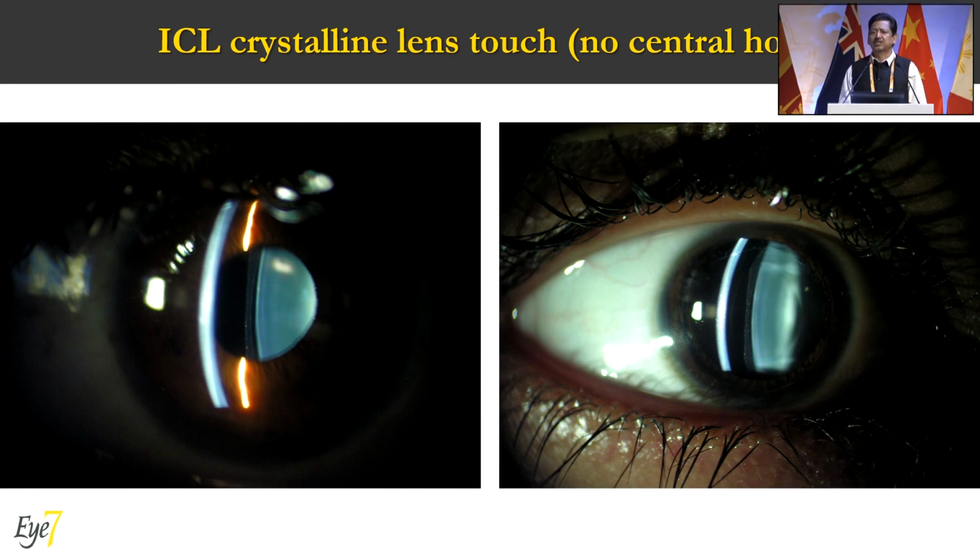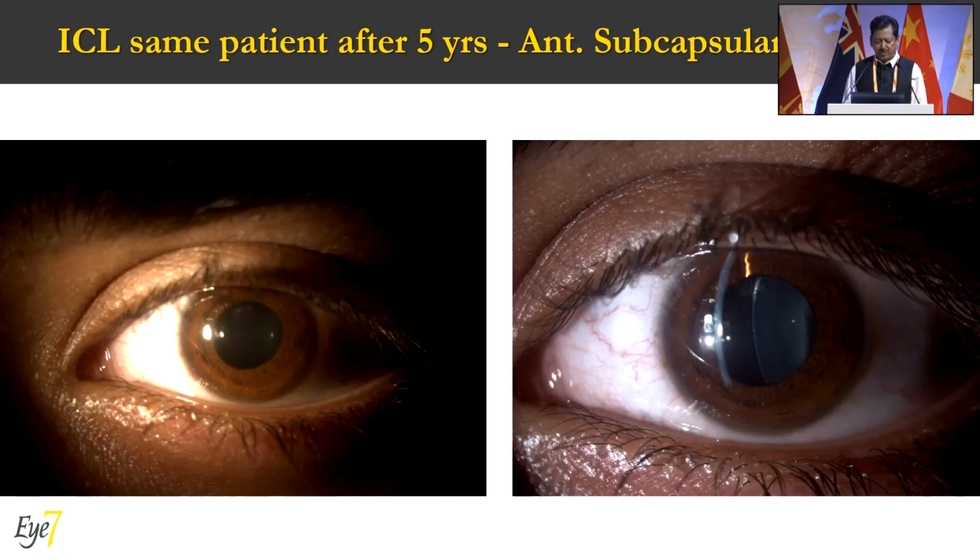This was a lens which did not have a central hole at that time. If it had a central hole, then there would have been aqueous flowing between the crystalline lens and the ICL, and this kind of touch should not have been there. But anyway, even after this touch, it took 5 years to get that little cataract there at the periphery.